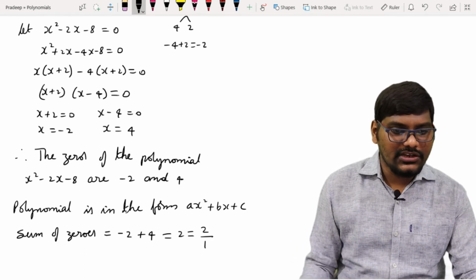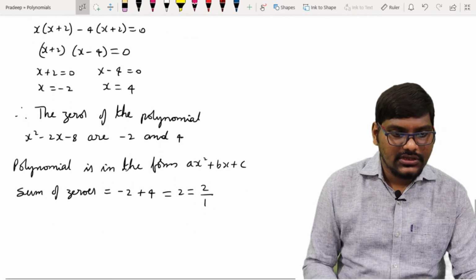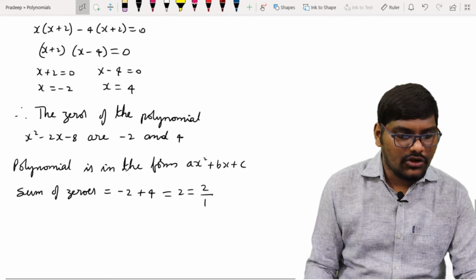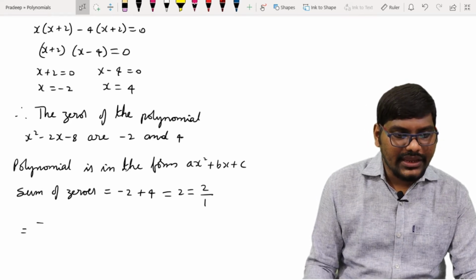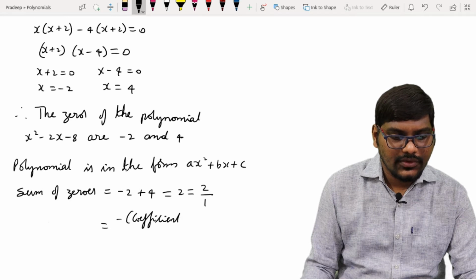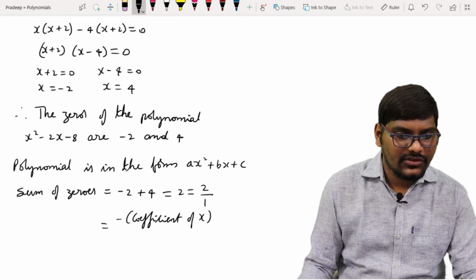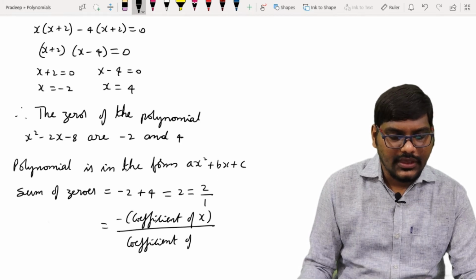So what are the values which we got? We have to write like this, right? Sum of zeros is minus coefficient of x by coefficient of x square.